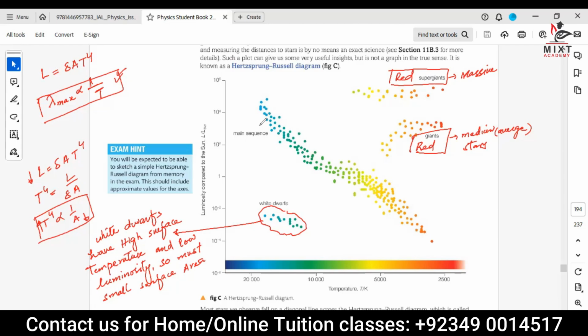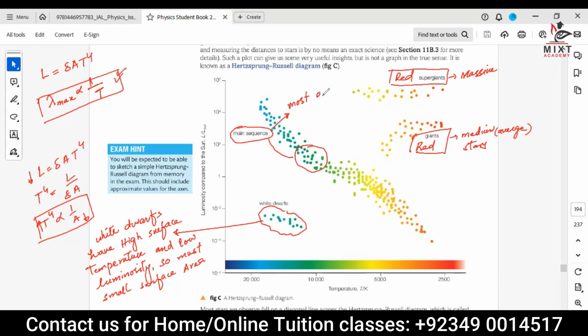Now, the next point we have is the main sequence. Have you seen that? Yes, sir. In some of the books, I have seen that the main sequence is given here. Because this is your reference book, we will follow that. What do you mean by main sequence?